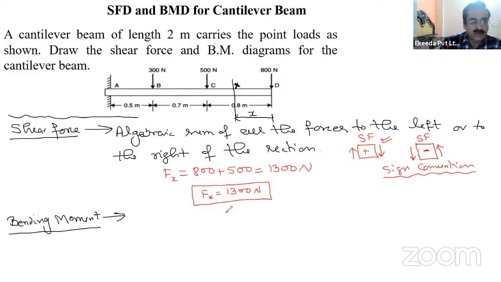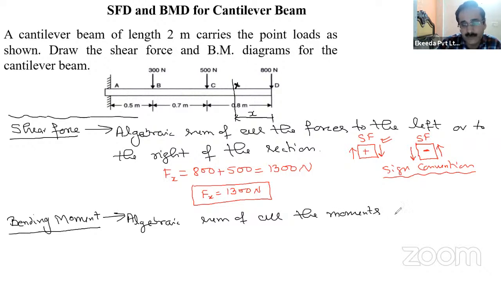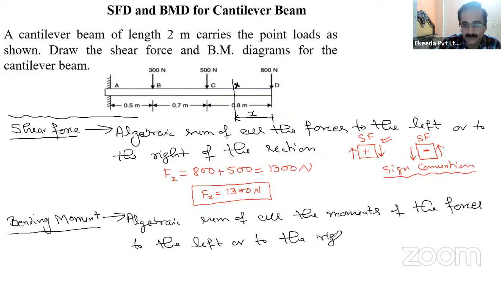So what is bending moment? Theoretically, how is it defined? So bending moment is the algebraic sum of all the moments of the forces to the left or to the right of the section.